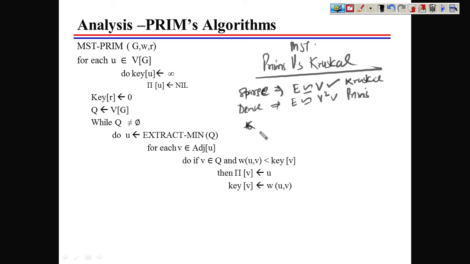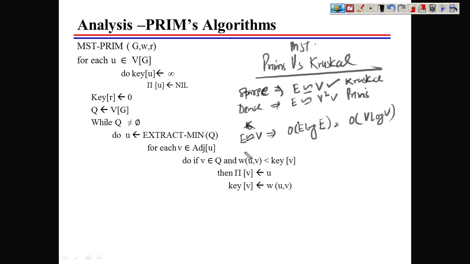You can see that when E is equivalent to V, the running time big O of E log E is equal to big O of V log V, which is almost the same thing we discussed in the Kruskal method.